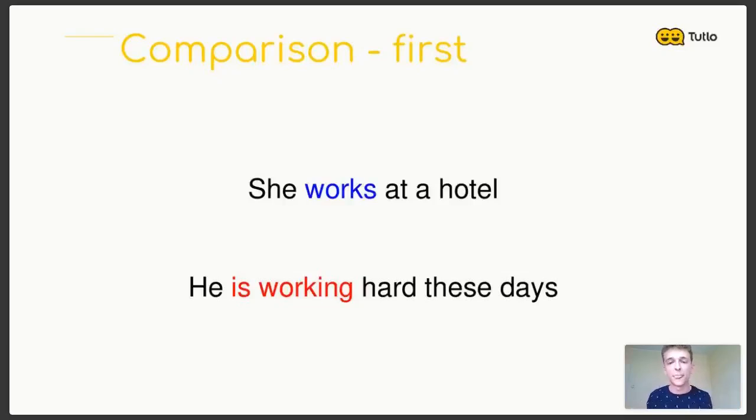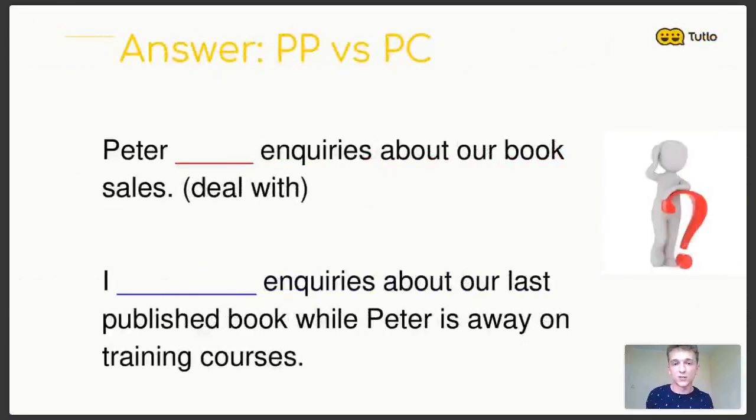Okay, and right now, I've got a question for you. What should be there? I'm waiting for your answers. If you could write me the answer for the first and the second one. What should be in the first? We should use the verb deal with. Should it be present simple or present continuous? I'll give you 2 minutes for it.